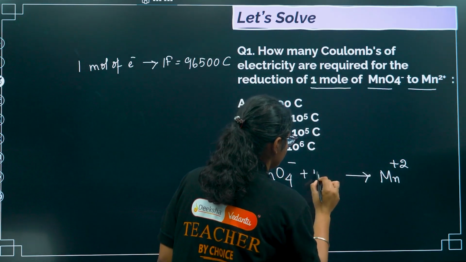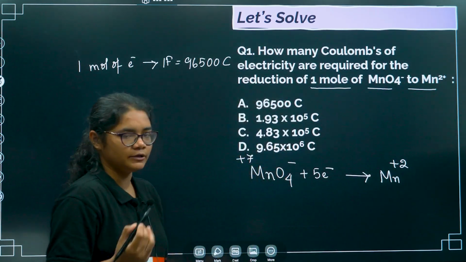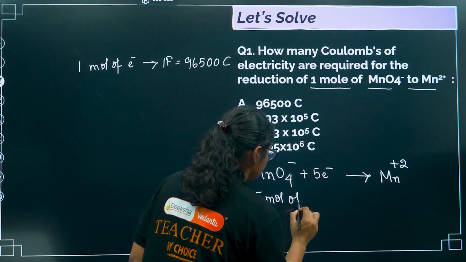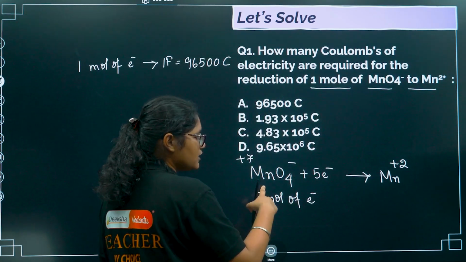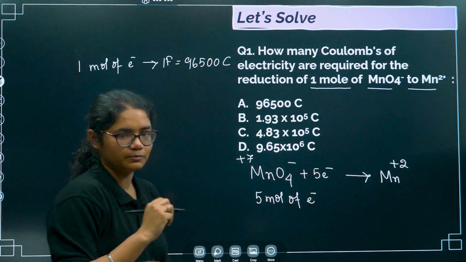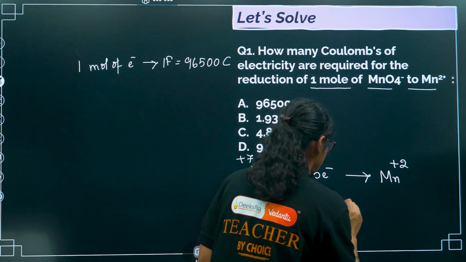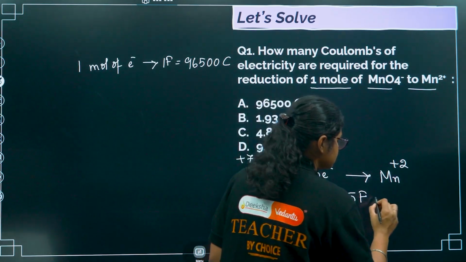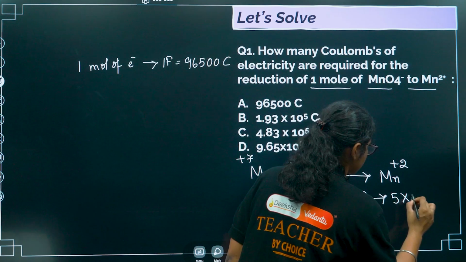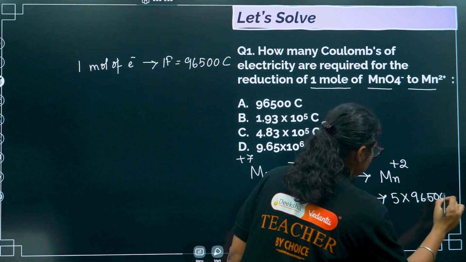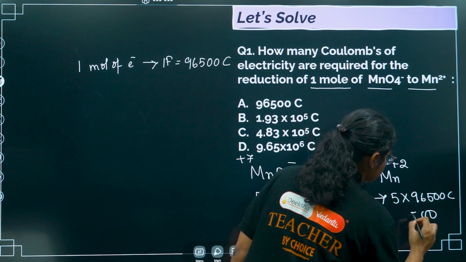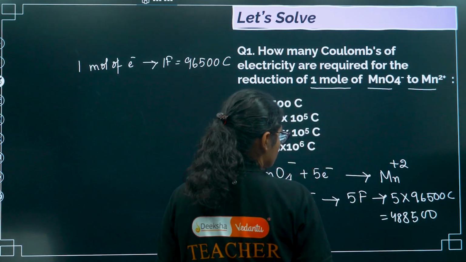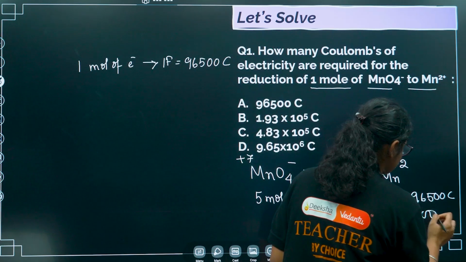So that means 5 moles of electrons have been used. 5 moles of electrons are required to convert 1 mole of MnO4 minus to Mn2 plus. 5 moles of electrons means, since 1 mole of electron is 1 Faraday, 5 Faraday. Now 1 Faraday is 96500 coulombs, so 5 Faraday is 5 into 96500 coulombs. Now if you solve this, we'll get 4 point, I'll do the calculation.